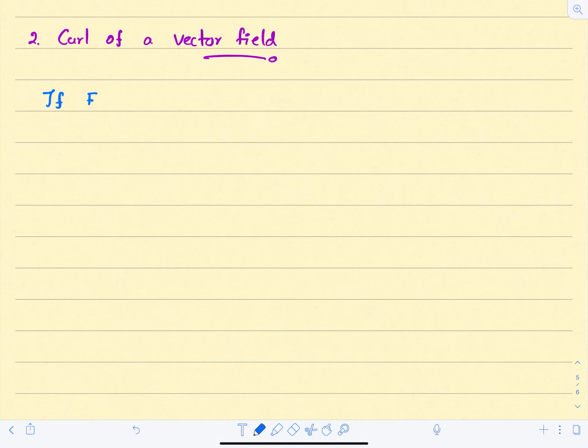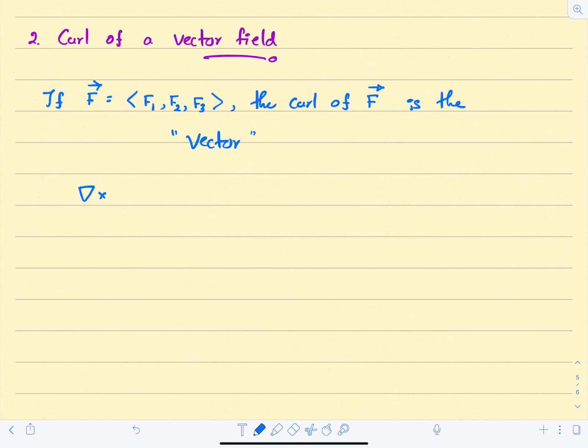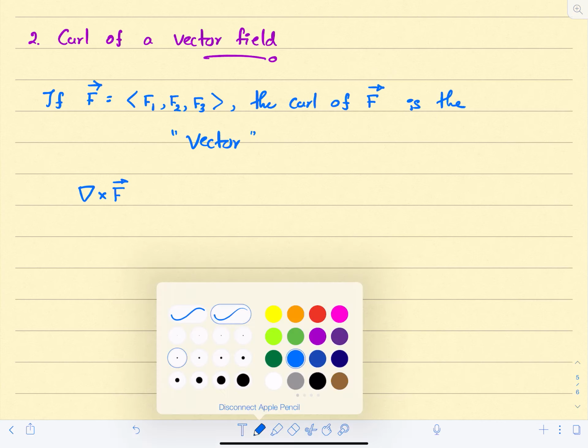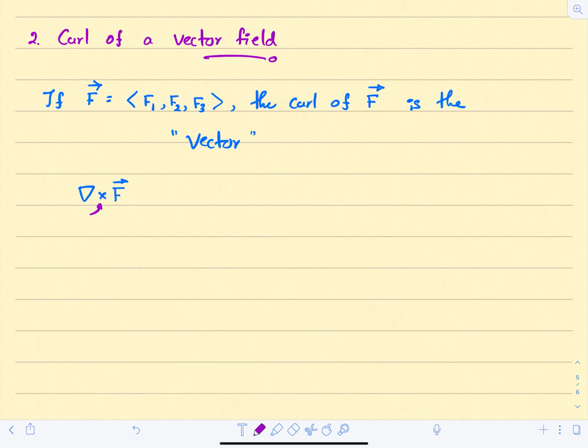So if we have a vector field f with three components, f1, f2 and f3, the curl of vector field f is a vector. We denote the curl of a vector field using grad cross f. This is the cross product.